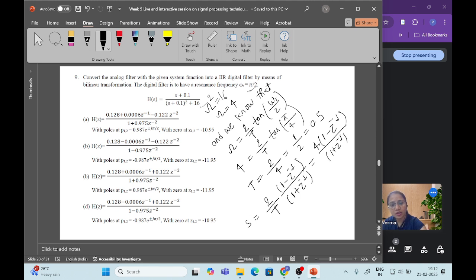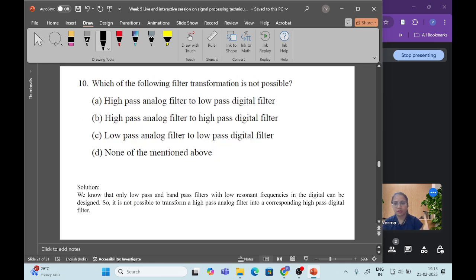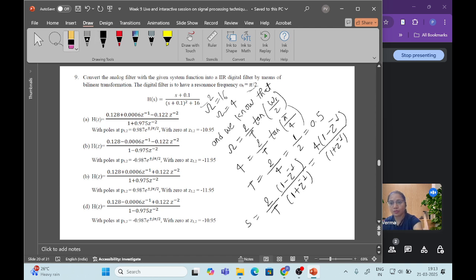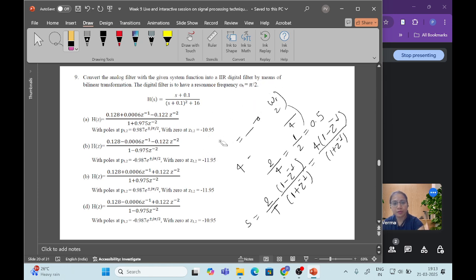We have to put this in place of s in order to convert into the z transform.